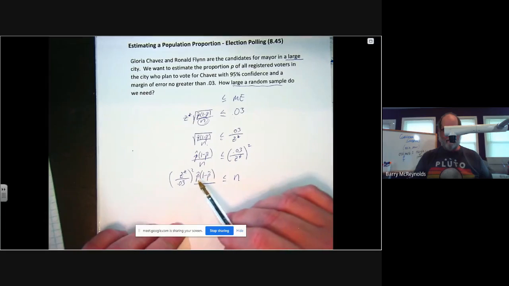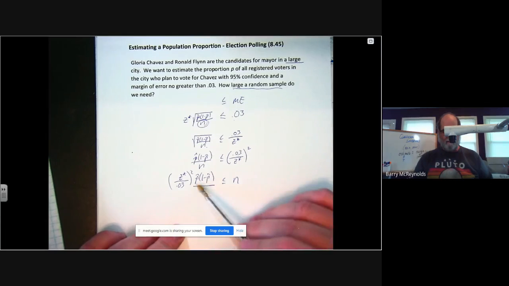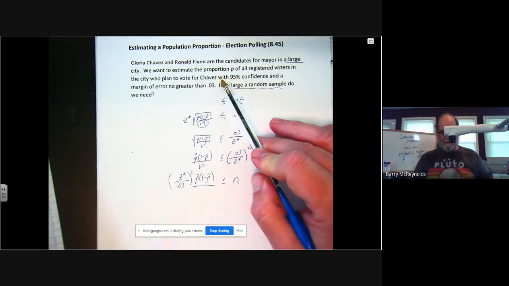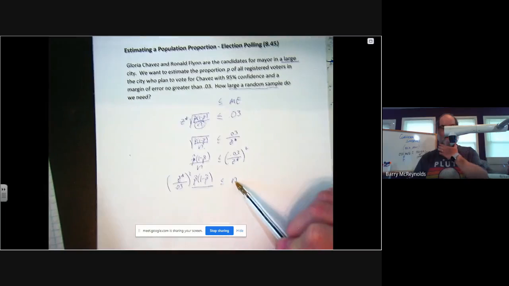Well, if I knew p hat, then I could solve this inequality and I would know what n is. But the only way to figure out what p hat is is to conduct the survey. And I can't conduct the survey until I know how many people there are.